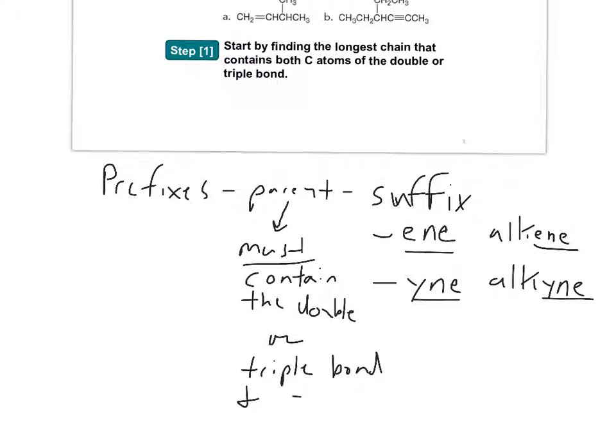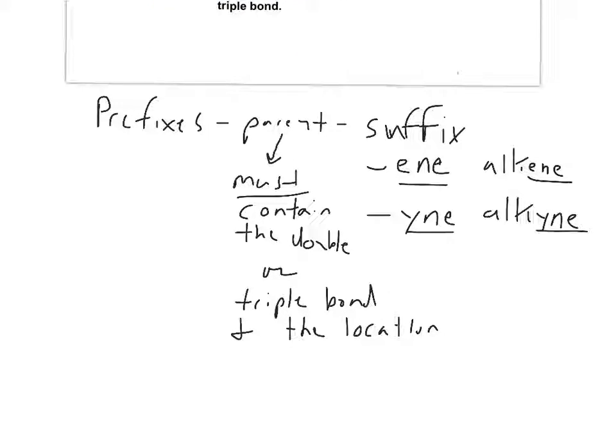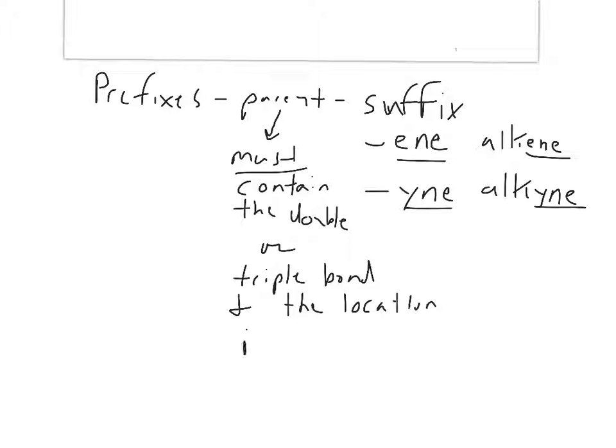And the location is minimized. So that takes precedence over the location of any substituents, any methyl, ethyl, propyl groups. The longest chain's got to have a double or triple bond in it, and the numbering is going to be such that you're going to try to make that bond location as low as possible.